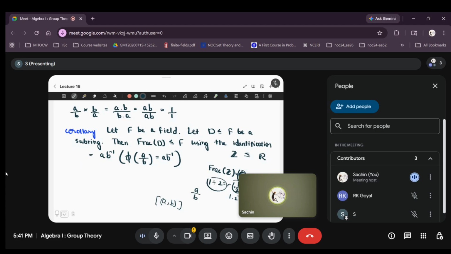So this should make more sense if I write it differently, because the confusion arises from my writing a by b.